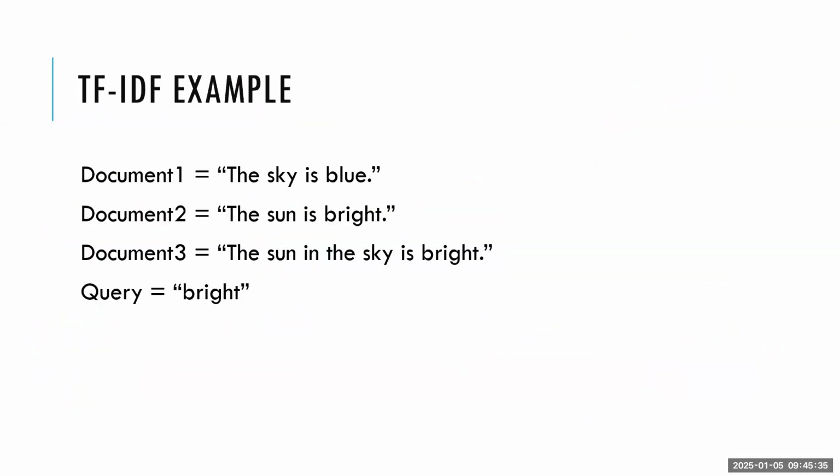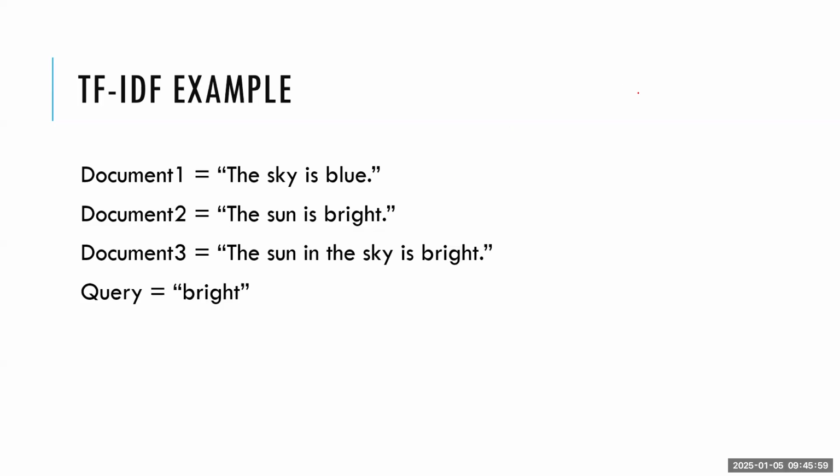So let's do an example. I have these 3 documents. They are very short sentences: the sky is blue, the sun is bright, the sun in the sky is bright. And my query is bright. So I want to calculate the TF-IDF score.